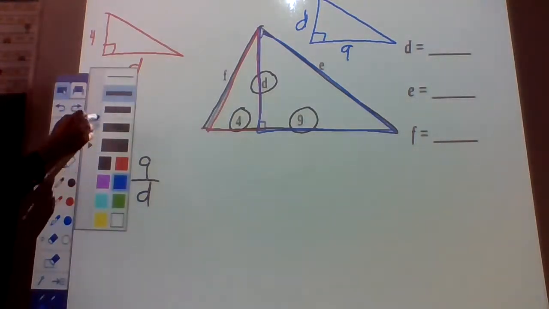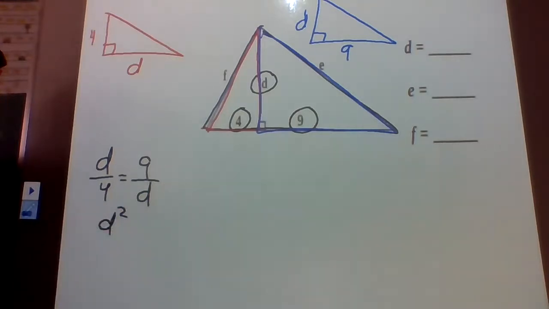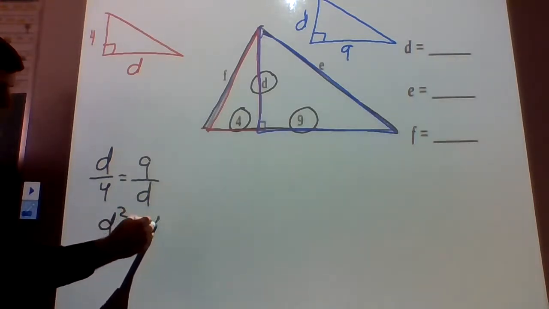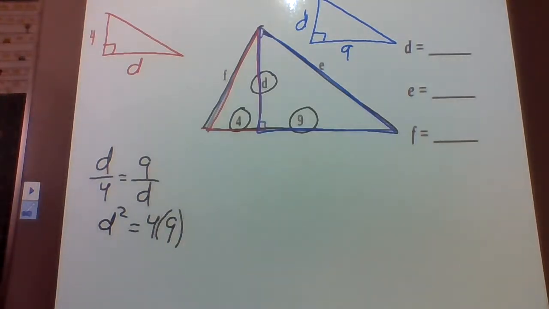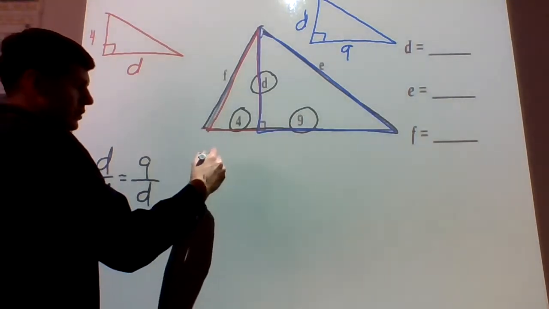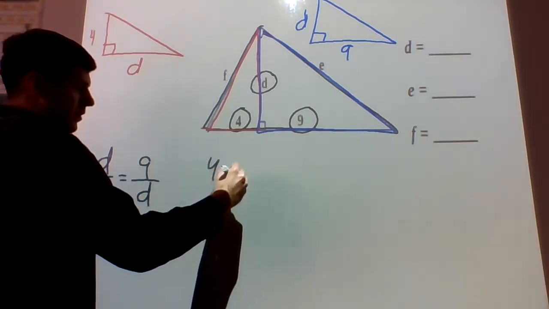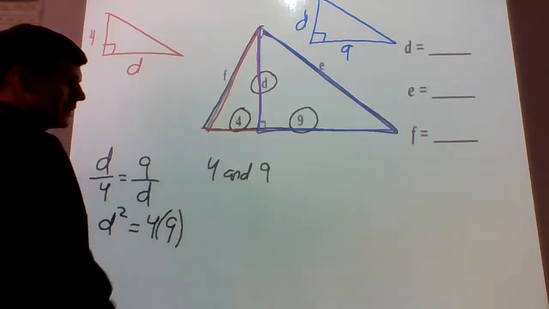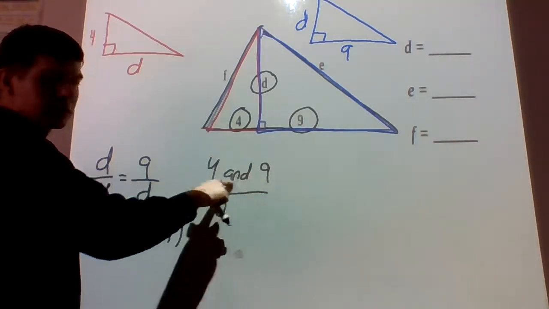To solve this proportion, we have to cross multiply. D times D is D squared. Okay, 4 times 9 is, well, let's leave it as 4 times 9. If we remember back to 3 slides ago when we talked about the geometric mean and we said find the geometric mean between 9 and 4, we did that by doing the square root of the product of those two numbers.